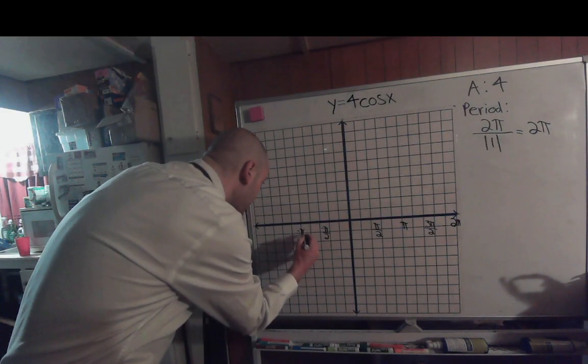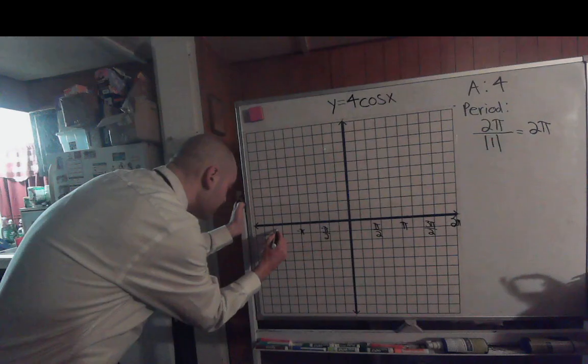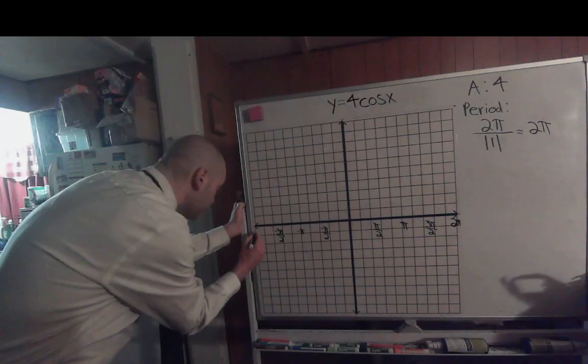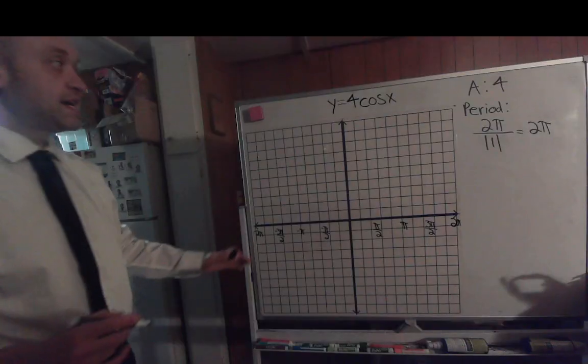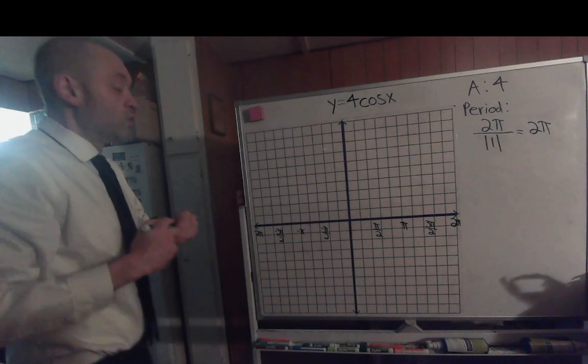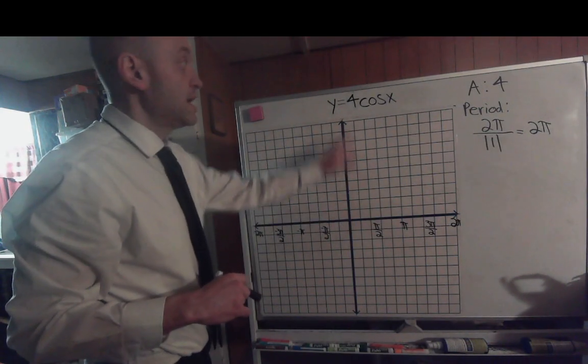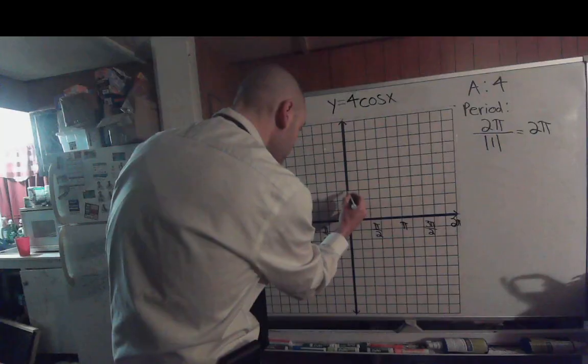Negative pi. Negative 3 pi over 2. And then we have, last but not least, negative 2 pi. Alright, so there's my x-axis labeled. Now, what is the cosine of 0? That's 1 times that 4. You're going to be all the way up to 4.